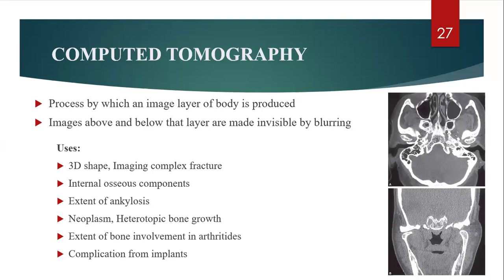Uses of CT include that the 3D shape of each structure can be viewed. Imaging of complex fractures, and internal osseous components can be viewed. In case of extensive ankylosis, neoplasm, extent of bone involvement in arthritis, etc.